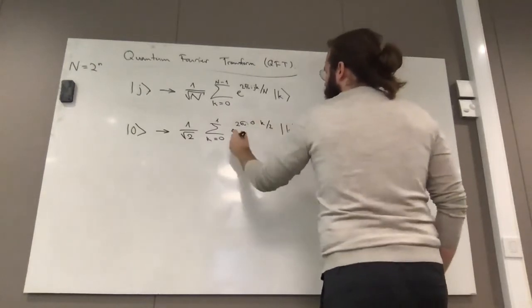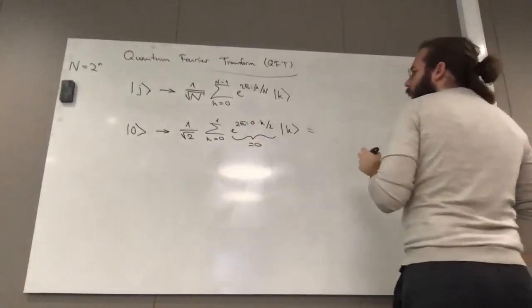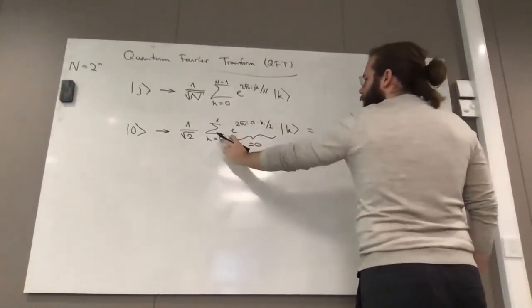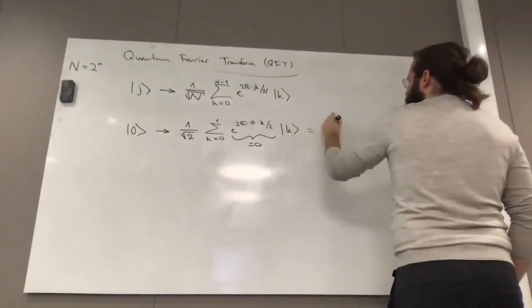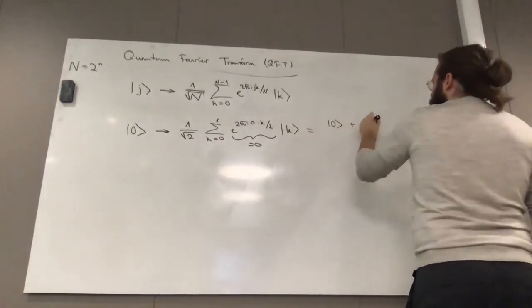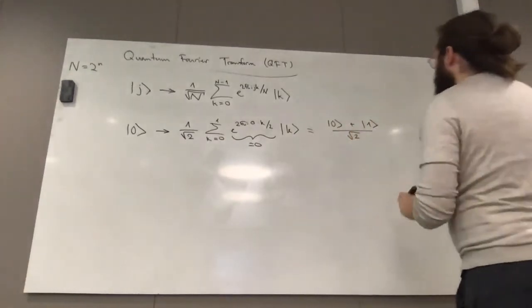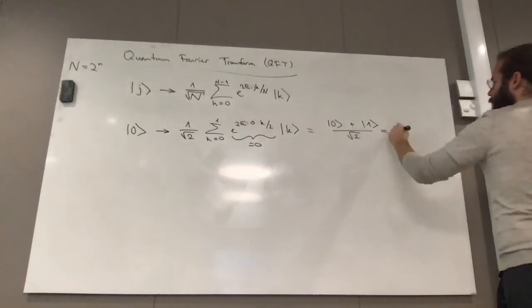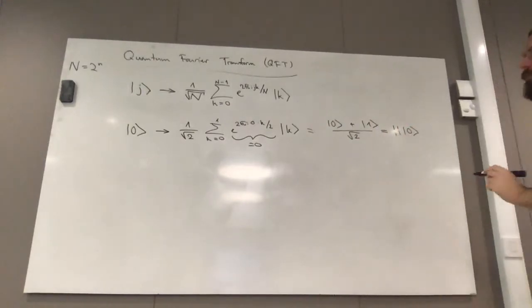Since j is 0, this entire exponential becomes 1. So we get a sum from 0 to 1 of k, so that's the 0 state plus the 1 state, divided by square root of 2. And notice that this is the Hadamard transform of the 0 state.